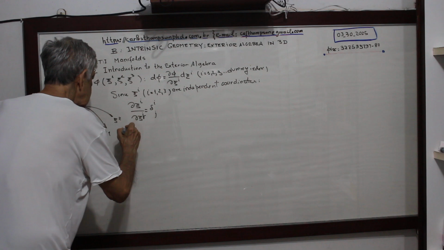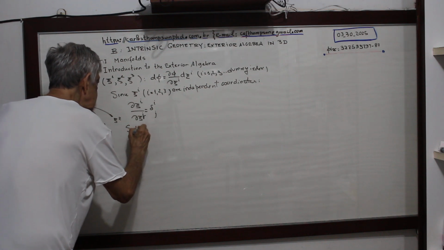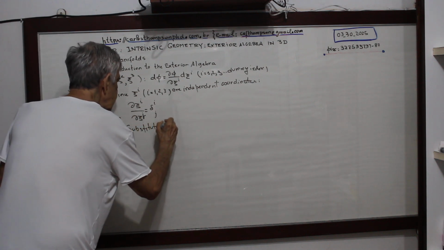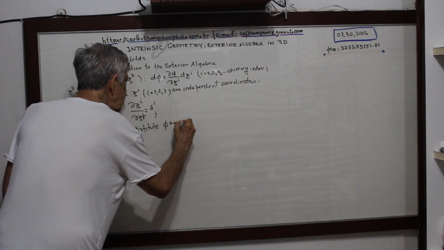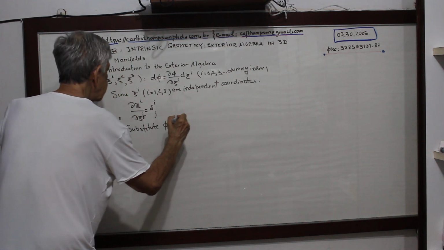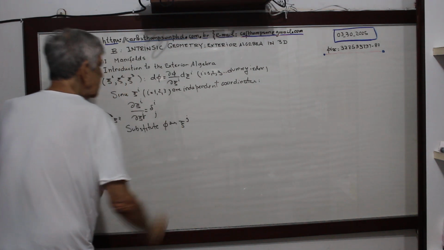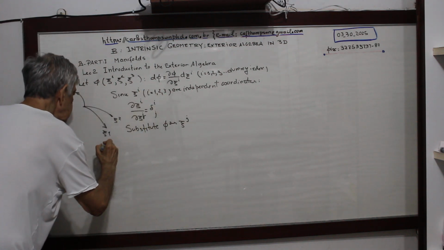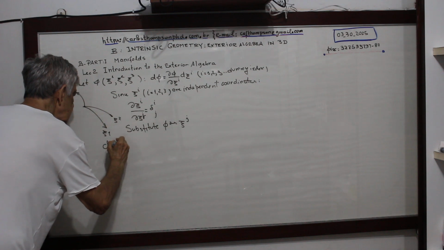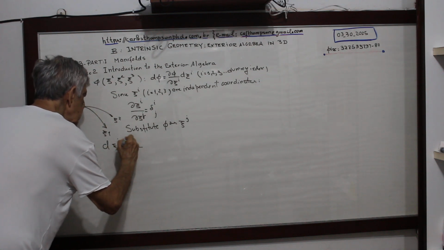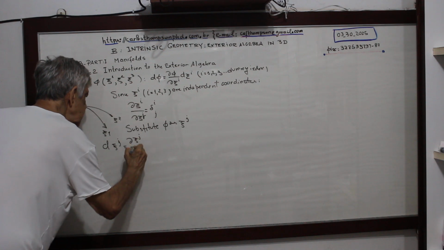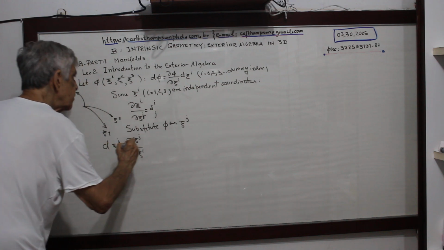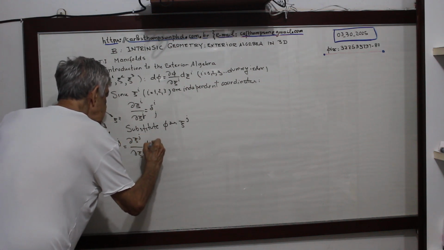Now substitute phi by, let's say, cj. Substitute here, over here. So d cj is equal to the partial of cj with respect to ci times d ci.